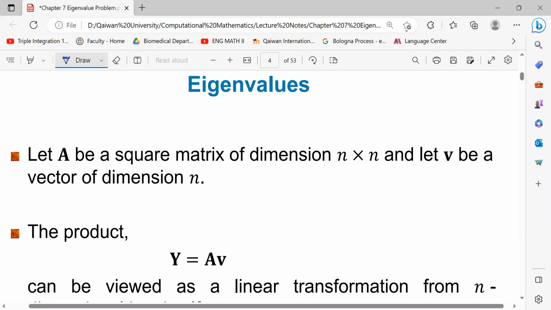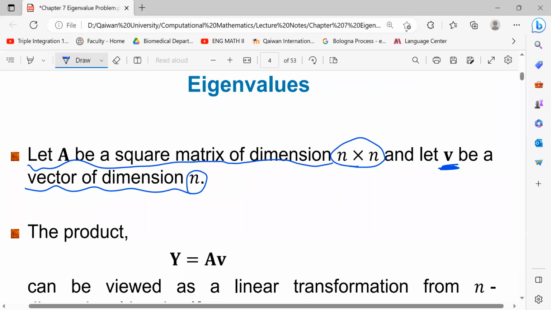Here it says, let A be a square matrix of dimension n by n. That means the number of rows and columns are both the same. That's 2 by 2, 3 by 3, 4 by 4, in any size. Let V be a vector of dimension n.